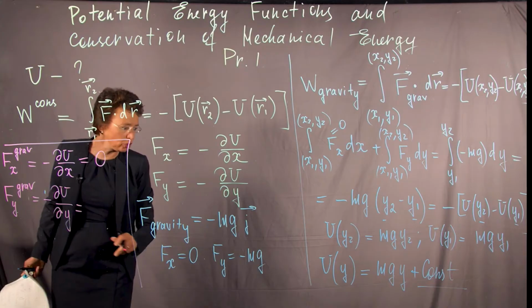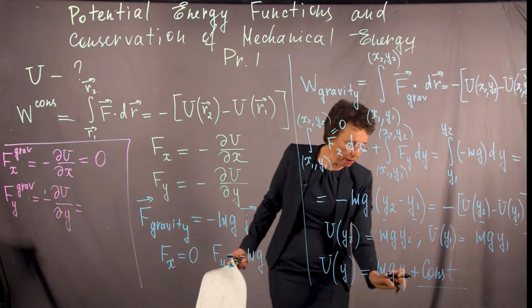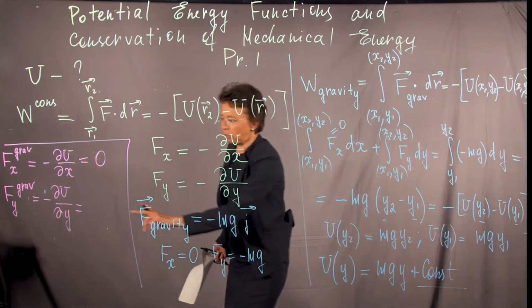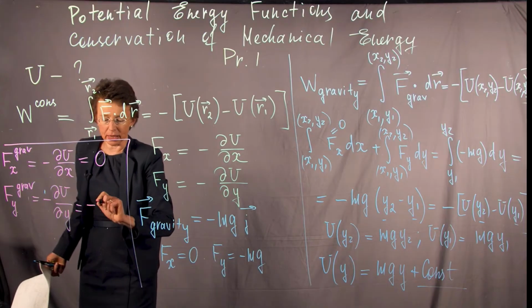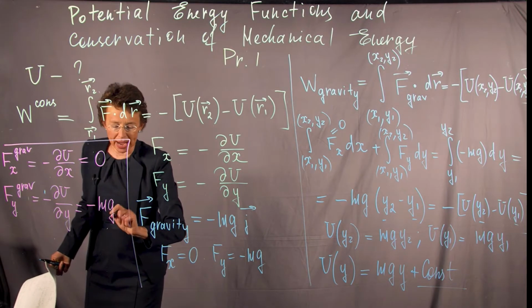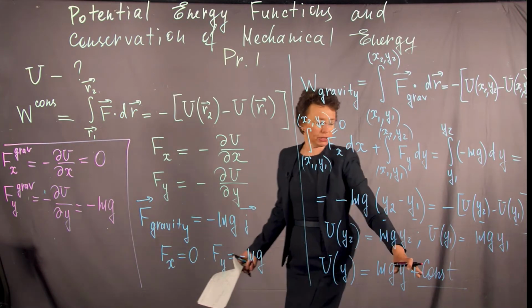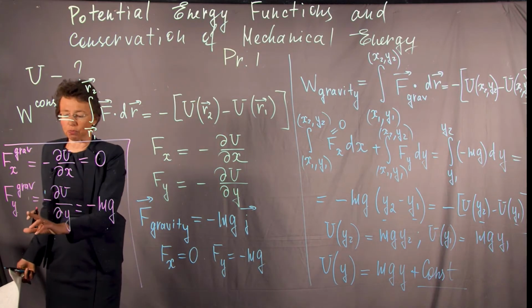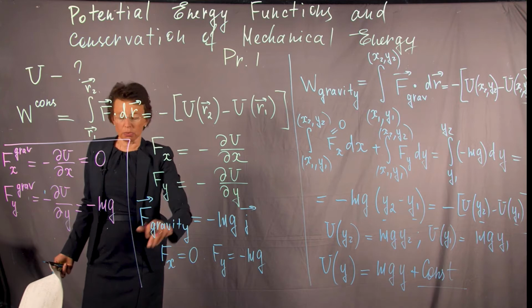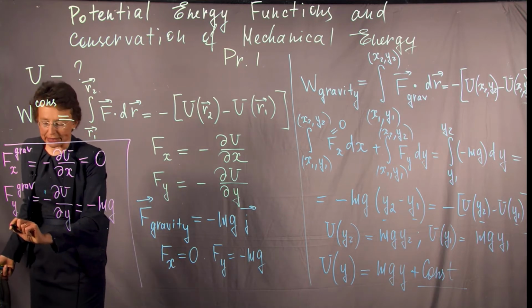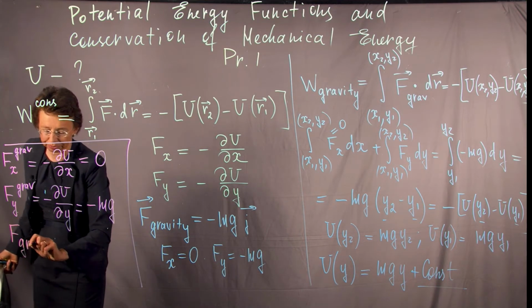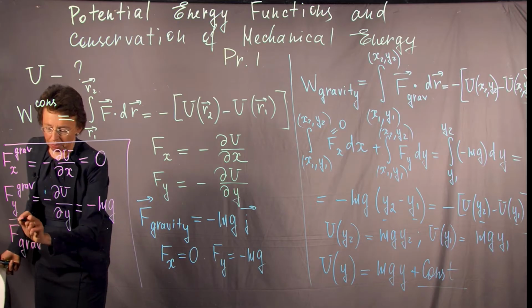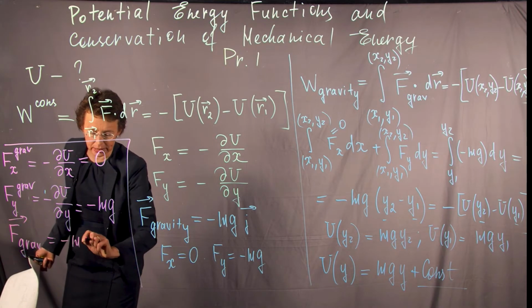I differentiate my u with respect to y. We don't forget about this minus. So my result is minus mg, and derivative of constant is 0. So I retrieve both components of gravity. We have our force of gravity back as minus mgj.